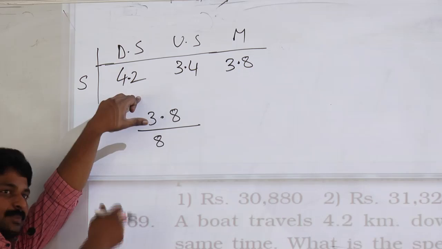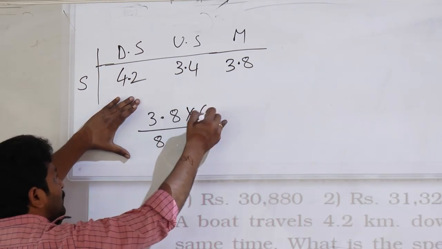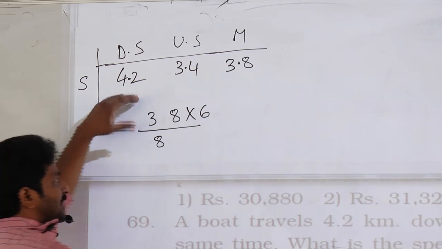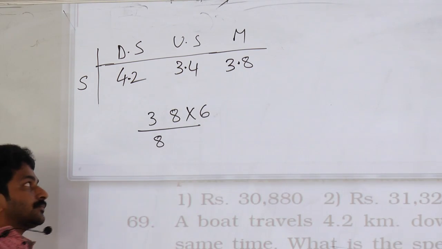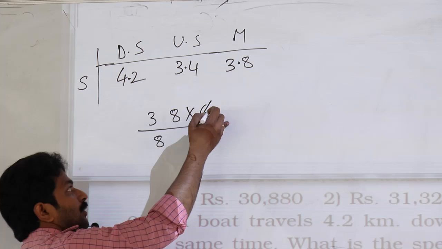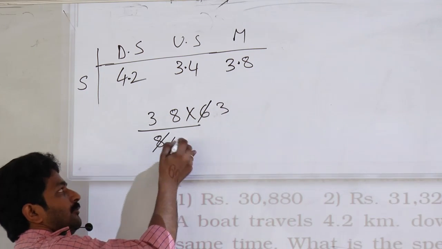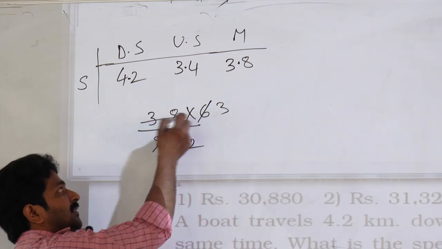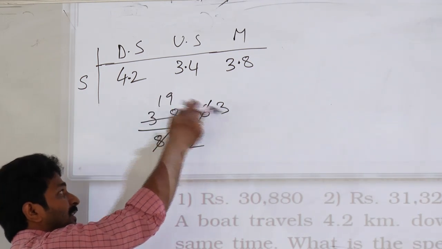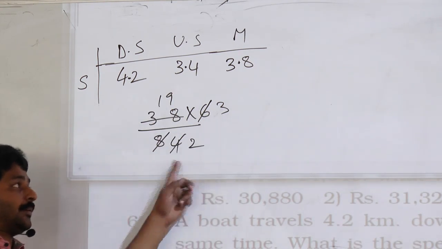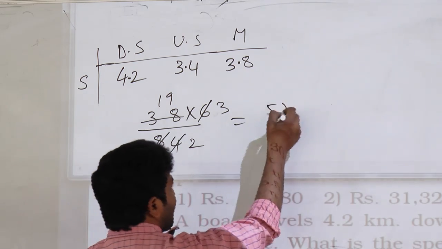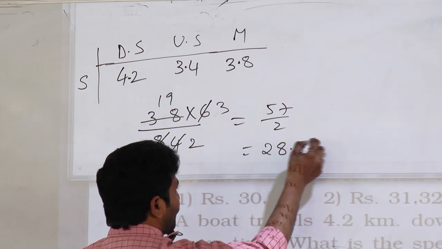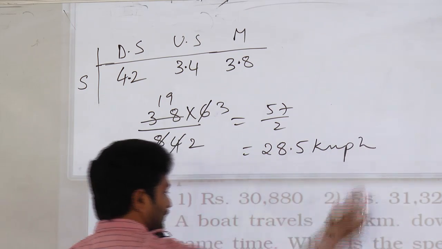Minutes converts to hours by 60. Point and 0 both get cancelled. 2 3 times, 4 times, 2 2 times, and this is 19 times. 19 3 times, 57 by 2. How much is this? 28.5 kilometer per hour.